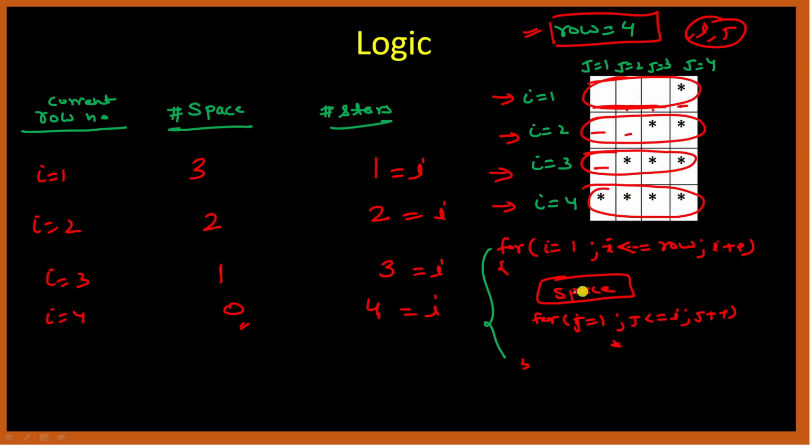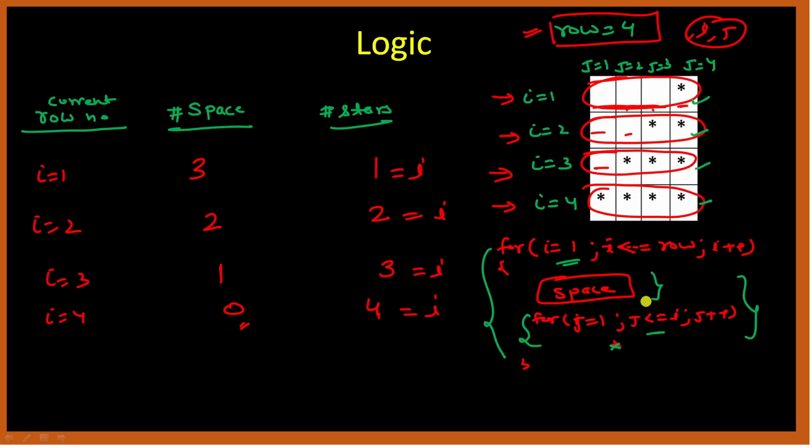See, for each I, my inner things should run how many times? 4 times. But this thing which is printing the star runs for I equal to 1 time, 2 times, 3 times, and 4 times.